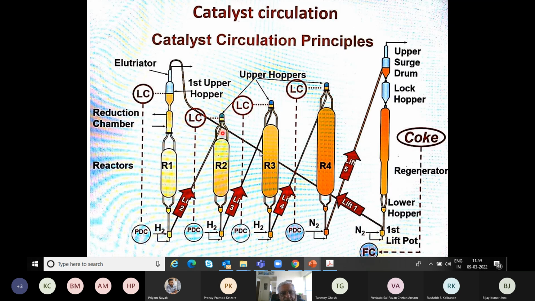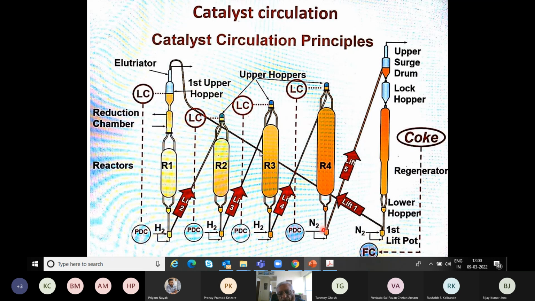And this catalyst then flows down through these two lines into the reactor below. I'll come back to the upper section of this reactor later. So this hydrogen is used to transfer the catalyst to this hopper, and from here it flows into this reactor. Then it goes into a collection vessel, from where it goes into this pot called a lift pot. And from here again, it gets transferred to the upper hopper, and the journey continues.